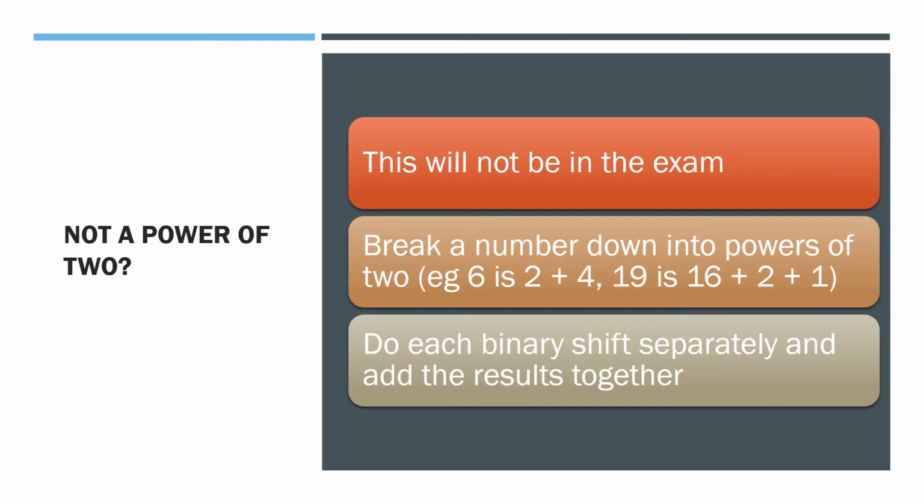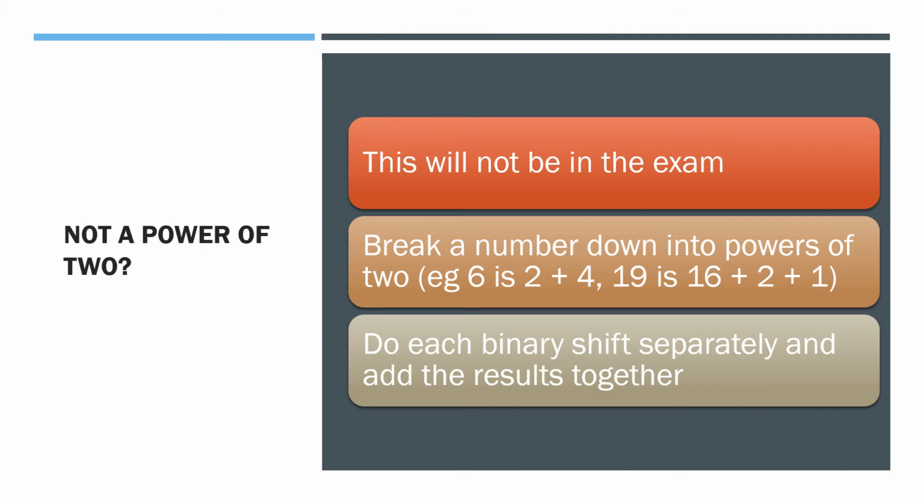You may be thinking, well, what if I want to multiply or divide by a number that isn't a power of 2? That will not come up in the exam, but it is actually quite easy to do. You split the number down into powers of 2. For instance, you could split 6 into 2 plus 4, or 19 into 16 plus 2 plus 1.